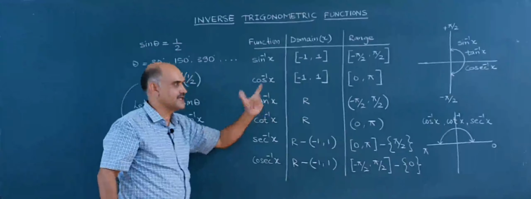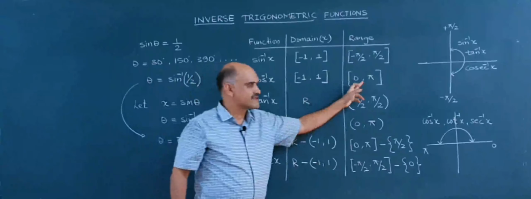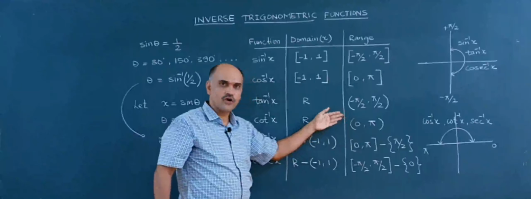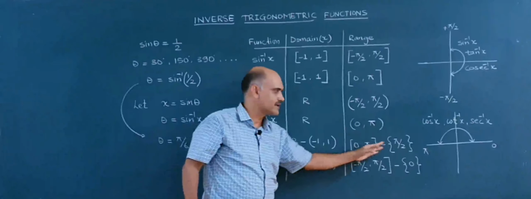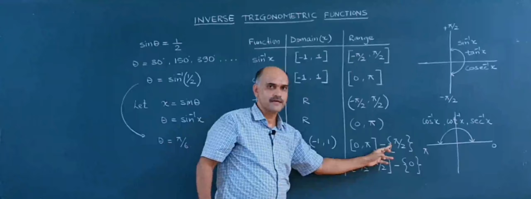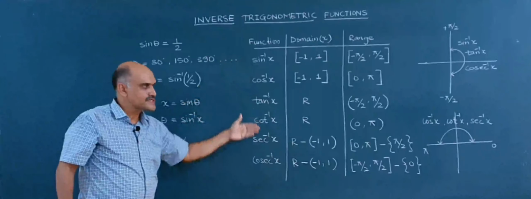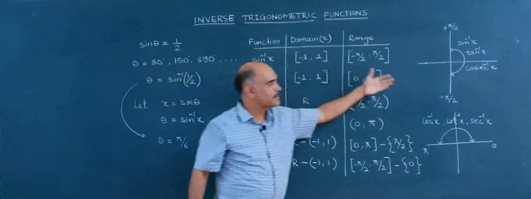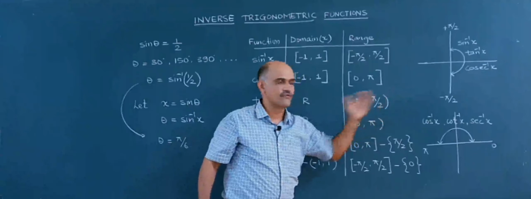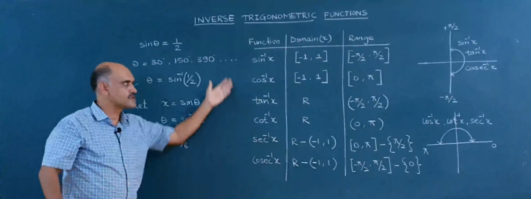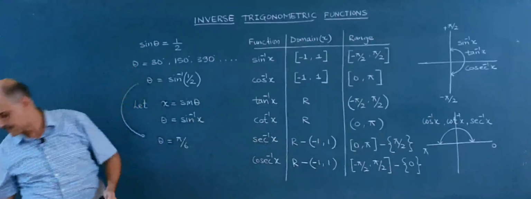Similarly for the other three, 0 to pi. For cos it is closed, for cot it is open, for secant you are required to subtract pi by 2. So you can pause the video and note down these values. If you want, you can remember this hint. Then I will go for further formulas which we will be using in problems.